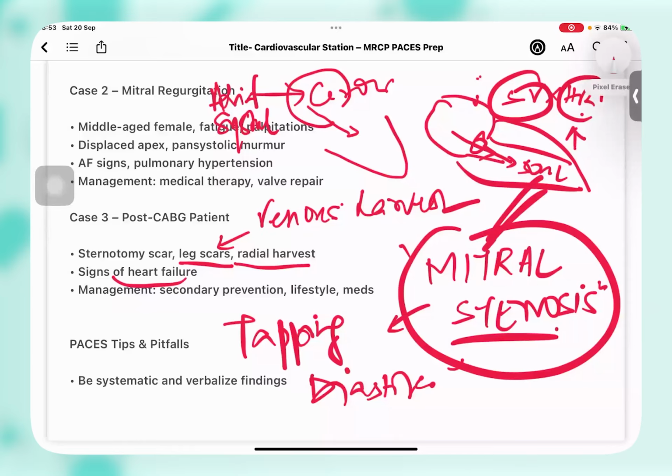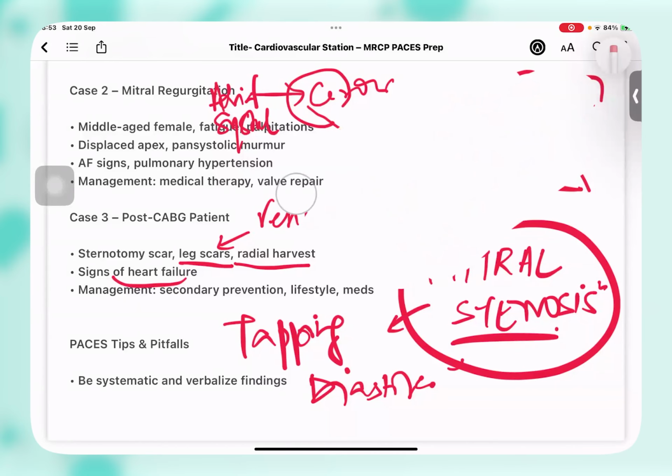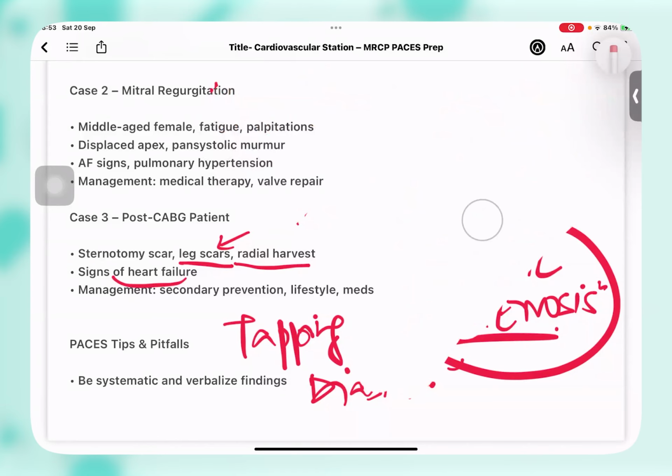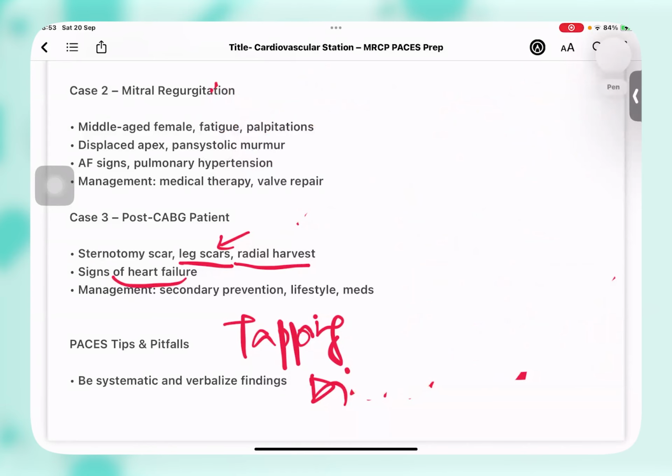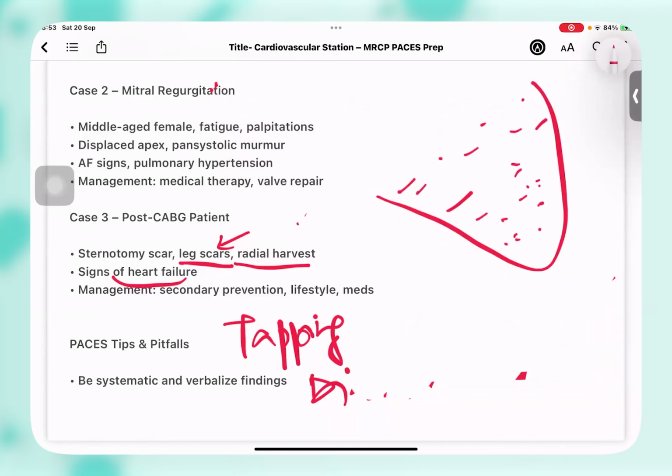Let me draw it for you. If the LV has dilated so much that it is finding it hard to pump, Starling's forces have failed. So there is the atria trying to pump blood into an already filled ventricle. So in that case, again, pre-systolic accentuation will not be there.